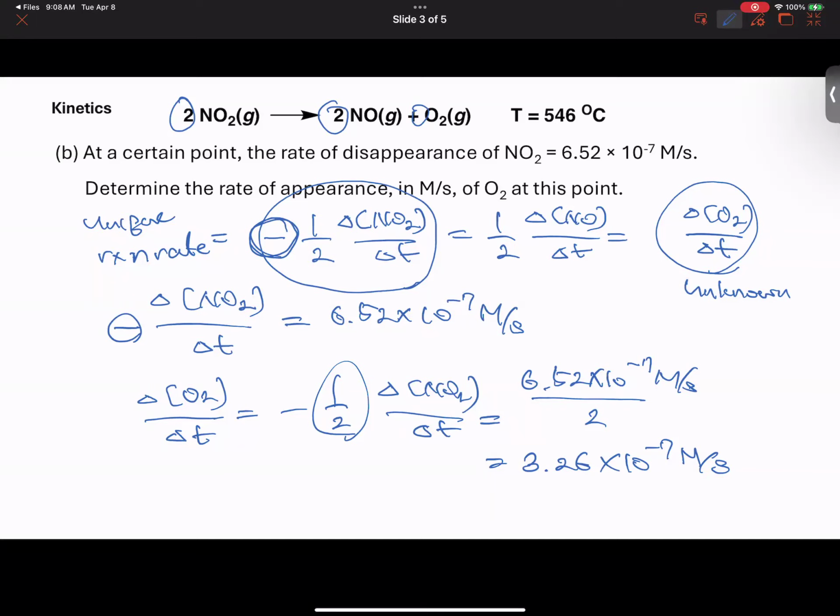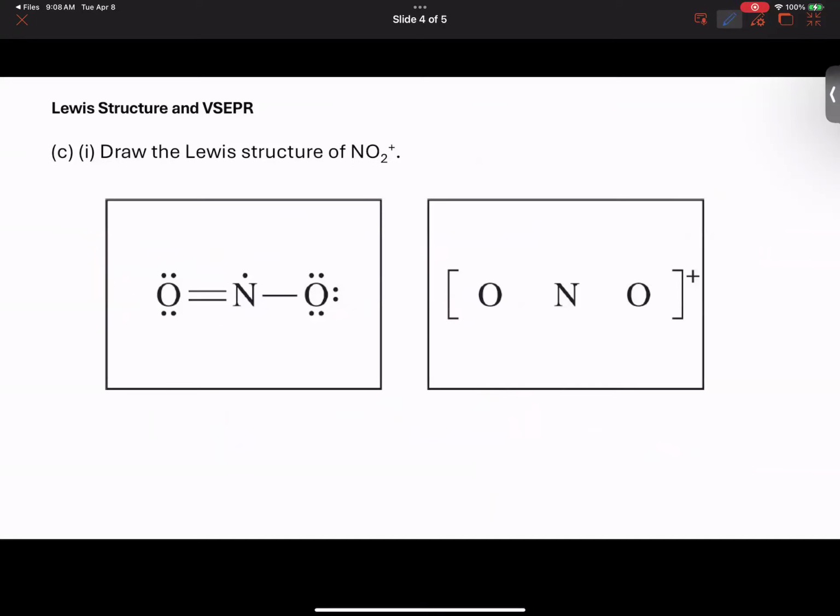All right, now let's get the next problem. It is asking us to draw the Lewis structure of this polyatomic ion, nitrogen dioxide cation, and nitrogen dioxide. Let me write, nitrogen dioxide has 1 nitrogen and 2 oxygen. Nitrogen belongs to group 5A. It has 5 valence electrons.